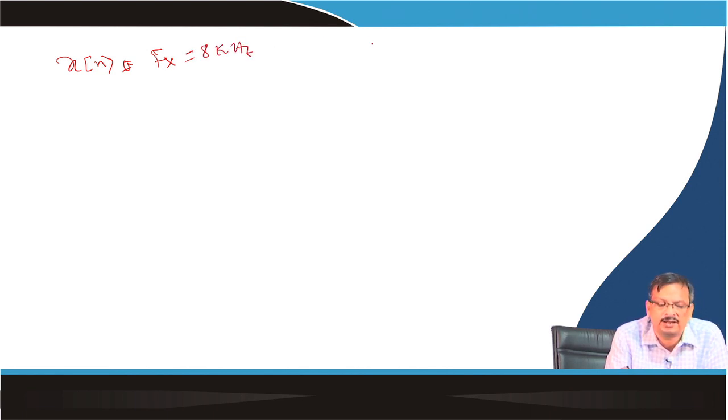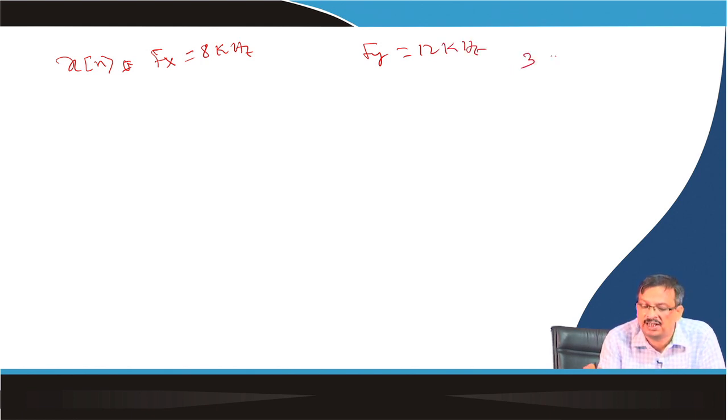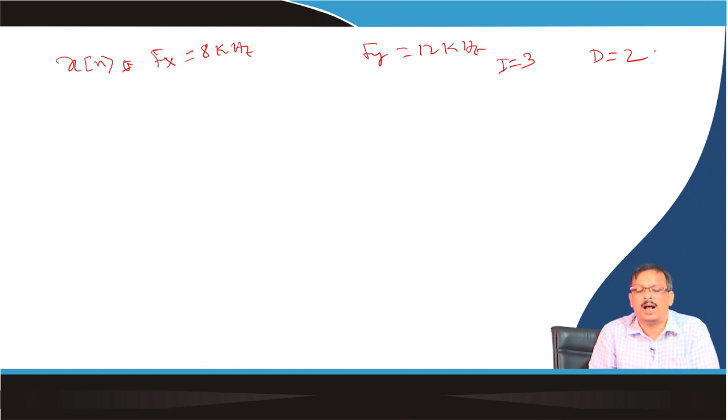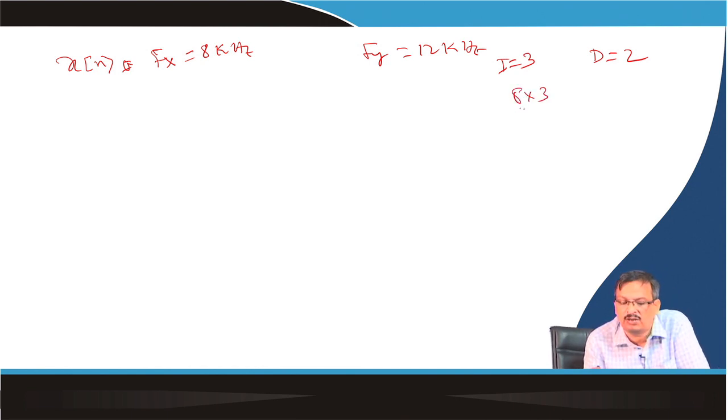Now I want to make it fy equal to 12 kilohertz. That means upsample by 3 and downsample by 2, so I equal to 3 and D equal to 2. Upsample by 3 means 8 into 3, which is 24, and downsample by 2 means 12. Okay, done.